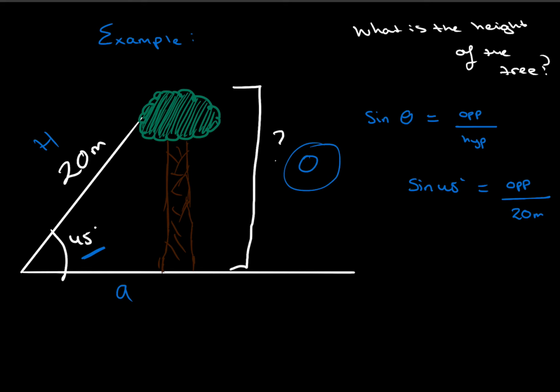To find the height of the tree, we just have to multiply 20 by sine 45. So opposite is equal to sine 45 times 20, and sine 45 is 0.7071.